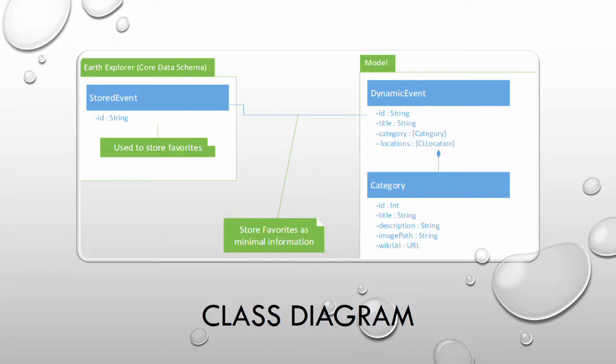When a user sees the dynamic event, which you can see over in the model view on the right, dynamic events are also made up of multiple categories and possibly multiple locations. When a user wants to favorite it, the view controller takes the ID of the dynamic event and turns it into the ID of the stored event.